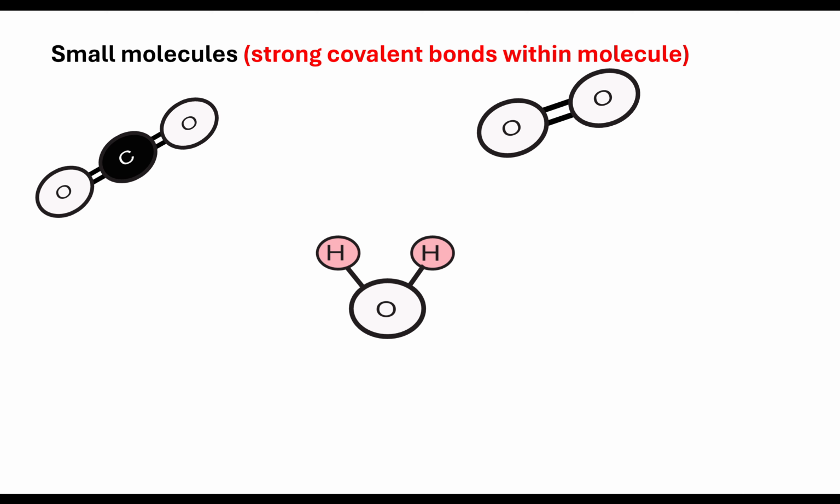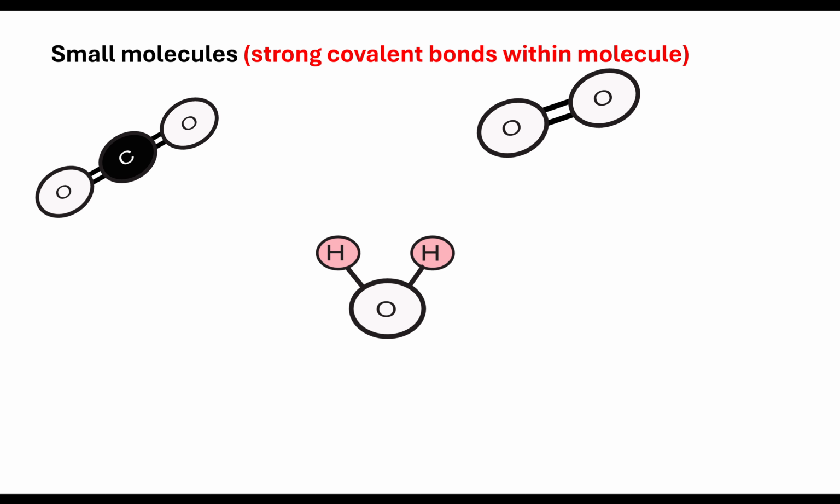Hydrogen is in group 1, so it needs 1 covalent bond. Oxygen is in group 6, so it needs 2 covalent bonds. So we can see that carbon dioxide is CO2. Water is H2O because we need 2 hydrogens with 1 oxygen, and oxygen on its own is O2.